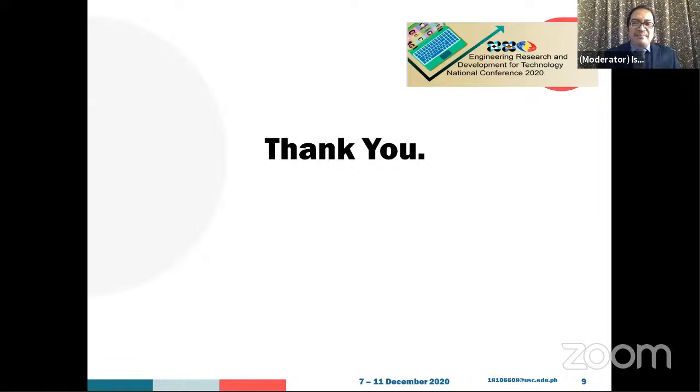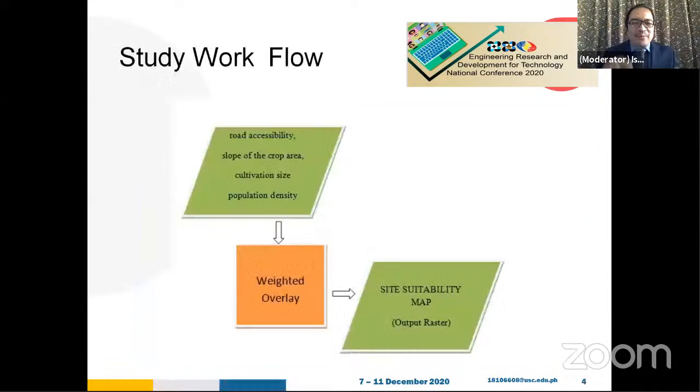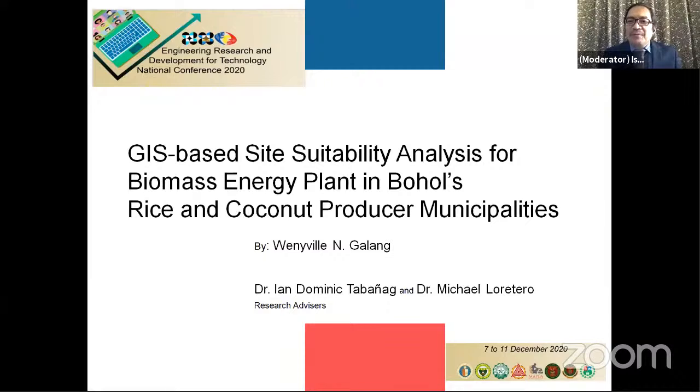Thank you very much, Ms. Galang. So we do have a lot of questions for you. First, from Dr. Marvin Sinense. What kind of biomass are you considering in your study? Because different biomass have different properties.